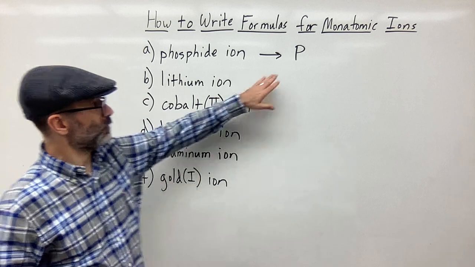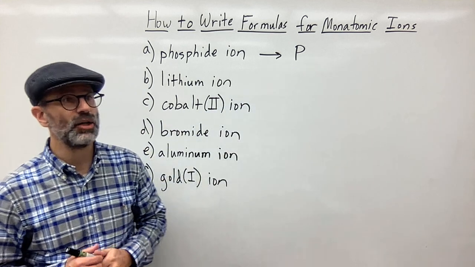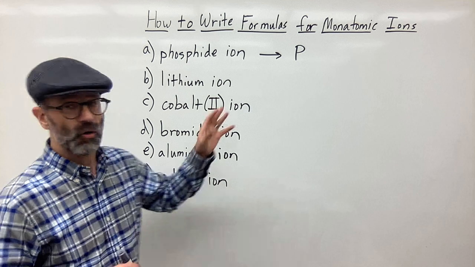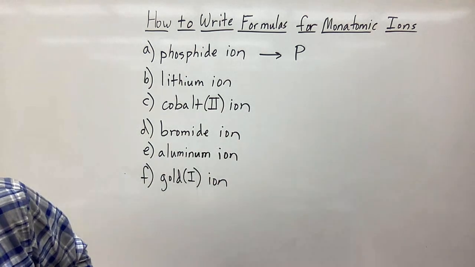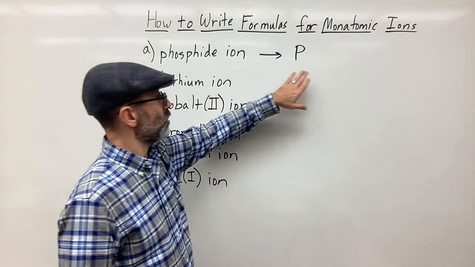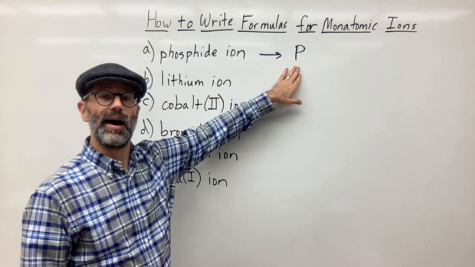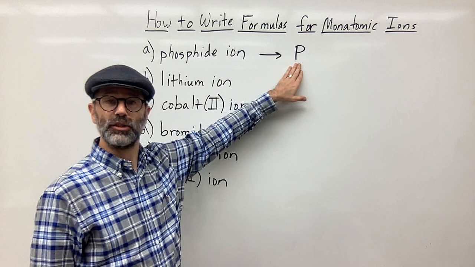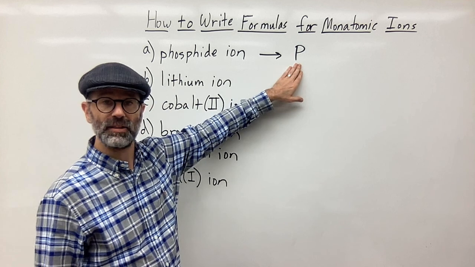So for phosphorus, the closest element is going to be neon, or not neon, I'm sorry, is it argon? So argon. In order to be like argon, argon has a full outer shell with 8. Phosphorus has 5 valence electrons.